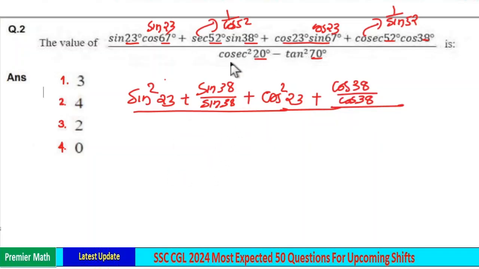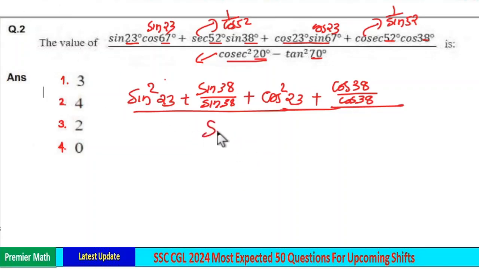In the denominator you have cosec square 20. Cosec square 20 is equal to 1 by sin square 20. Now sin square 20 I can write as cos square 70. Now 1 by cos square 70 means sec square 70.